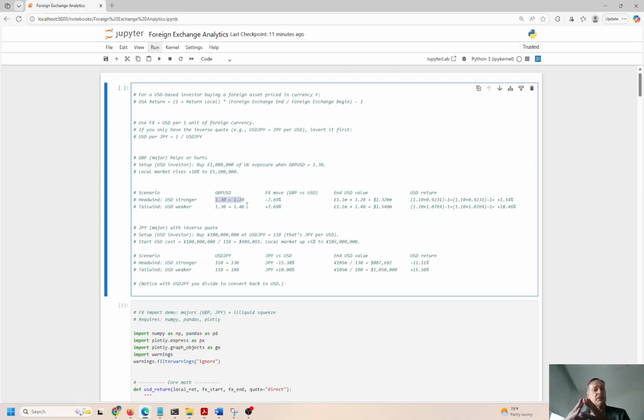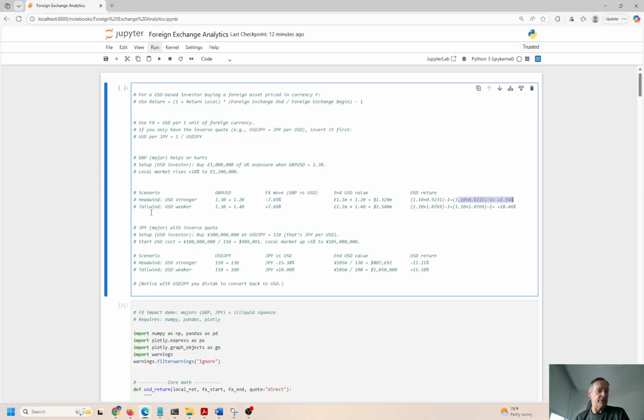Now, in this case, the GBP depreciated in value, so this helps the US investor because now you can buy more GBP. It's actually cheaper, so you can buy more volume of this currency. So 1.1 million times 1.20 is 1.32, and the return times the change in the British pound, because it went from 1.30 to 1.20, is 0.9231, minus 1 equals 1.54%.